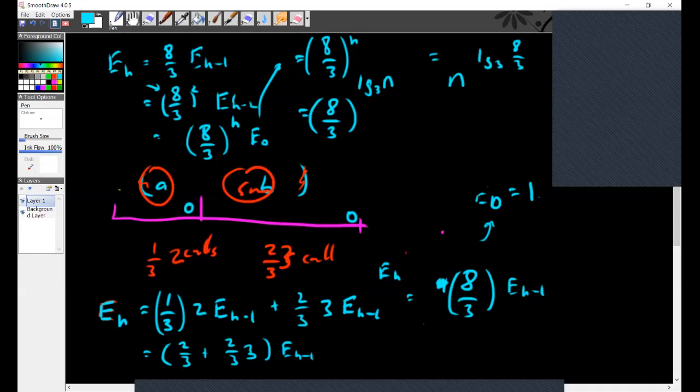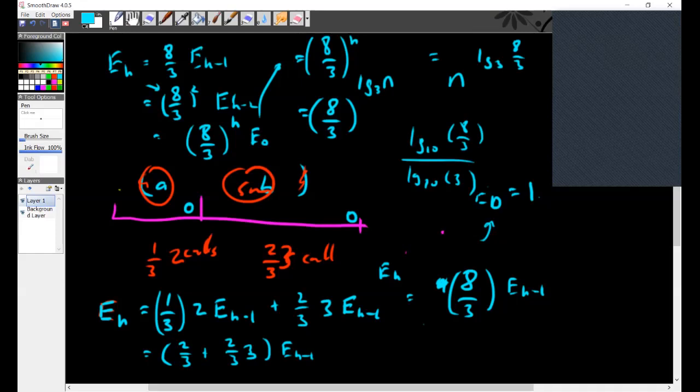Your calculators don't have log base 3, so I need to write this using a change of base: log base 10 of 8/3 divided by log base 10 of 3. Correct me if I'm wrong. 8 divided by 3, this whole thing divided by log 3. I should be correct. Assuming I plug the correct value into my calculator, this should be n to the power of 0.89.